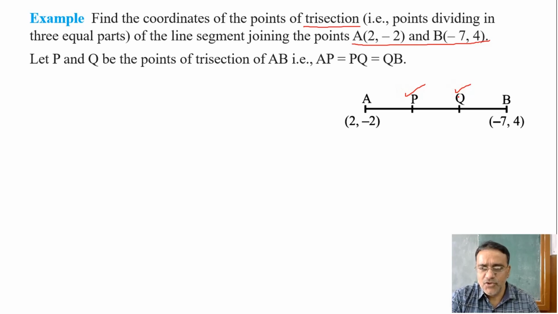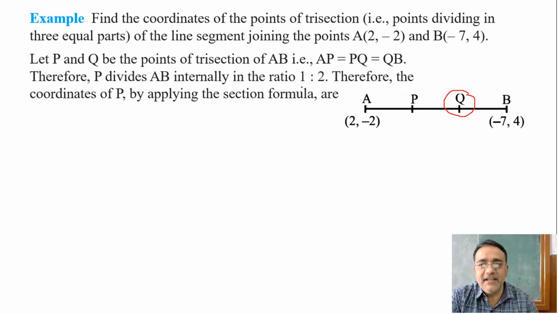So here, P divides the line segment in what ratio? P divides AB in which ratio? 1:2. Right, very good. If suppose we have to find for Q, the ratio will be 2:1. So therefore P divides AB internally in the ratio 1:2.